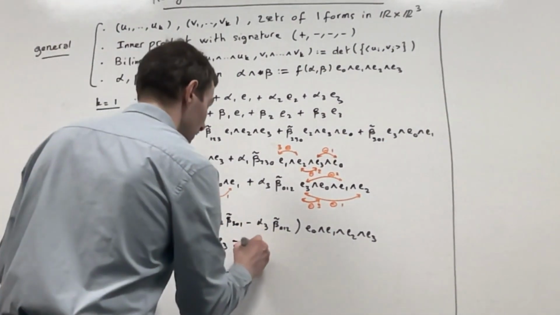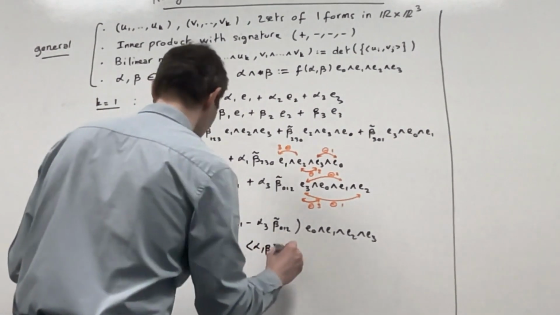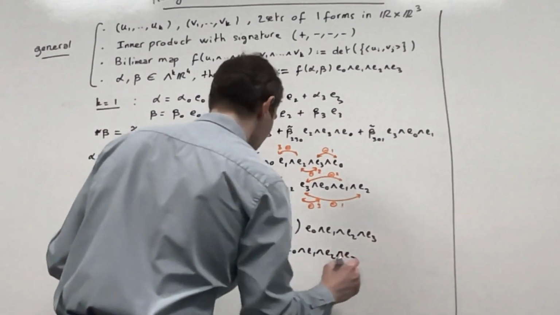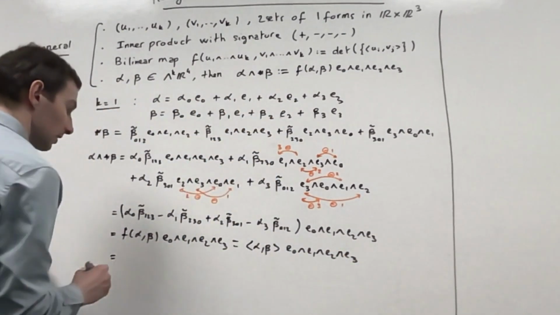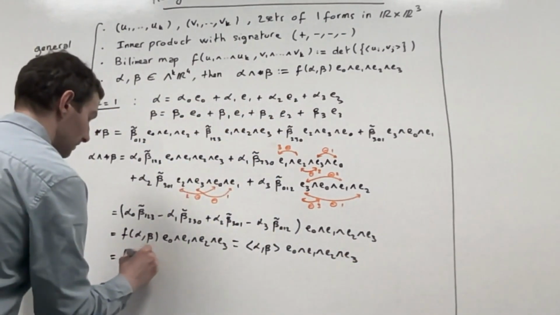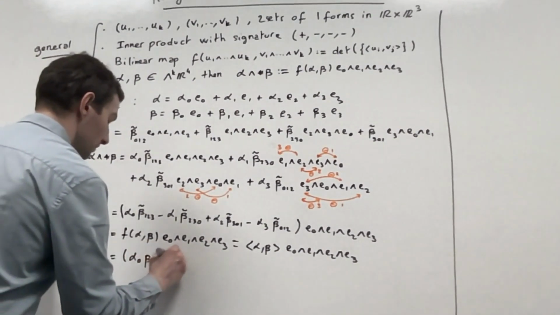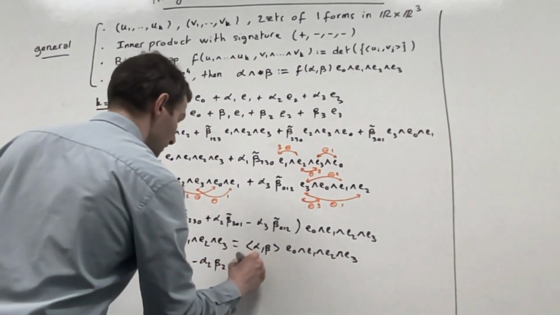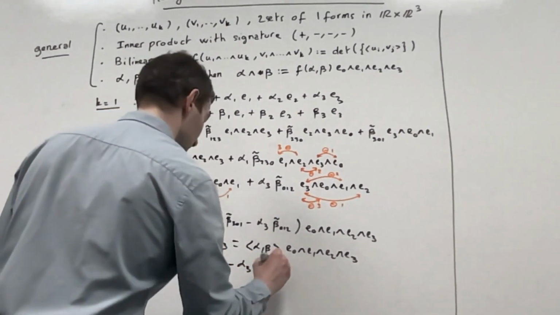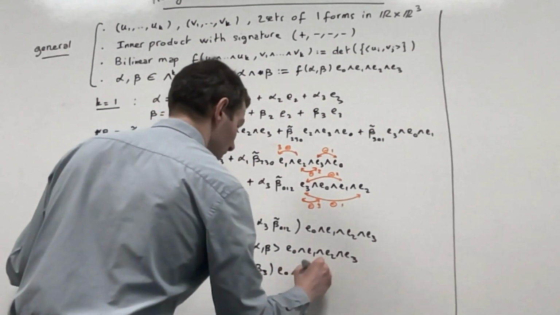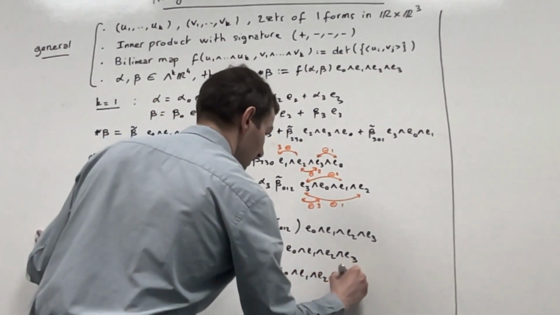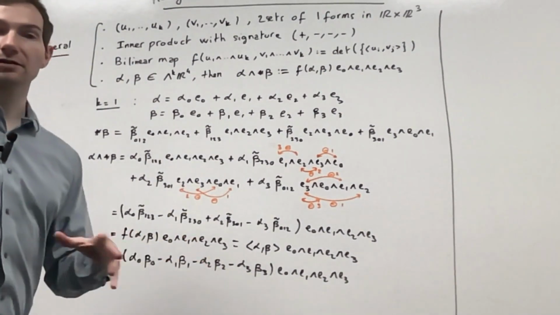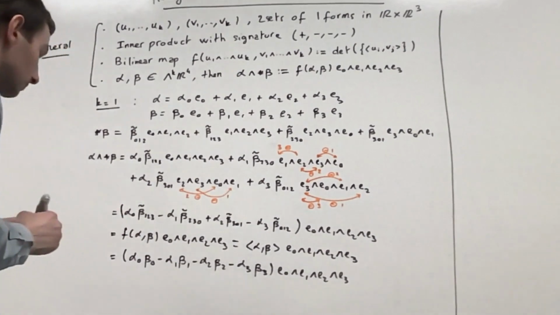So that's going to be alpha, beta, and then E0, E1, E2, E3, and that's going to give alpha 0, beta 0 minus alpha 1, beta 1 minus alpha 2, beta 2 minus alpha 3, beta 3, E0, E1, E2, E3. And that's supposed to be true for any kind of alpha and beta here, so that's supposed to be very general.